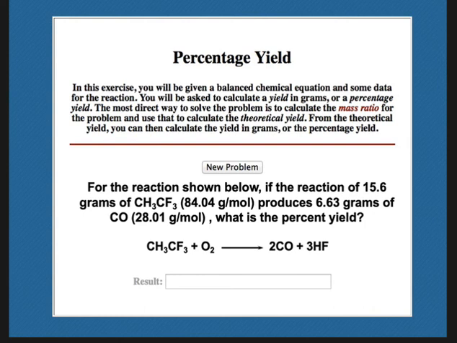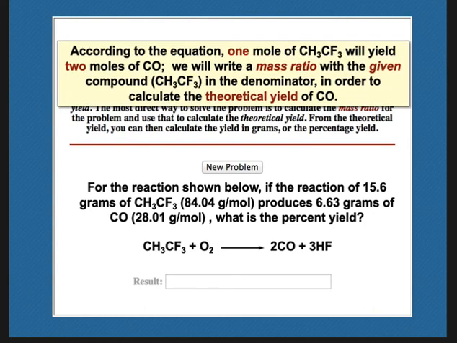What we're going to have to do here is make a mass ratio. Mass ratio, given compound in the denominator, and we're going to calculate the theoretical yield of CO. Now, we are given molar masses.